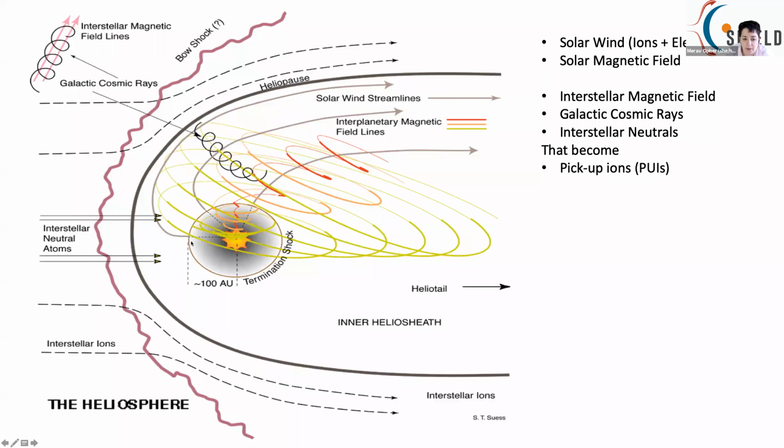The region between the termination shock and the Heliopause is called the Heliosheath. And the Heliosheath, you can think about, is a plasma that is solar wind that was shocked. So it's a subsonic plasma that is being diverted by this obstacle, the Heliopause, and going down the tail, okay?